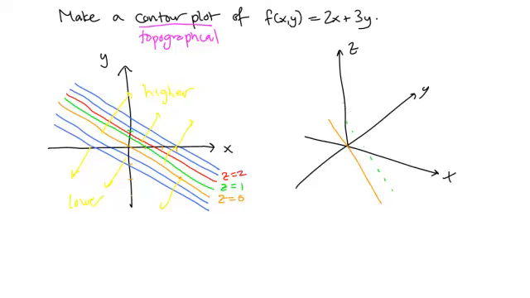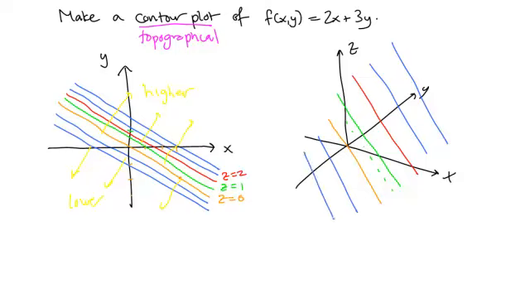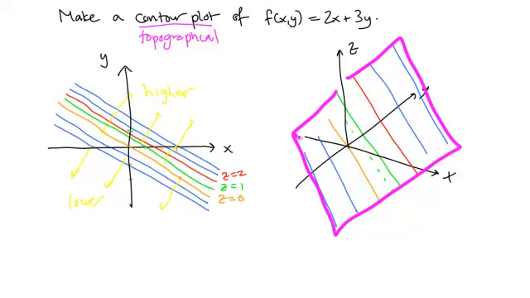So I'll draw this line moved up 1 unit here. And then the next line was parallel to that, but moved up another unit. And then they get higher and higher and higher as I go. And the other level sets were straight lines, but they went down lower and lower and lower. So if I piece this all together, I get the impression of a plane, something which is completely straight, flat in all these directions right here.